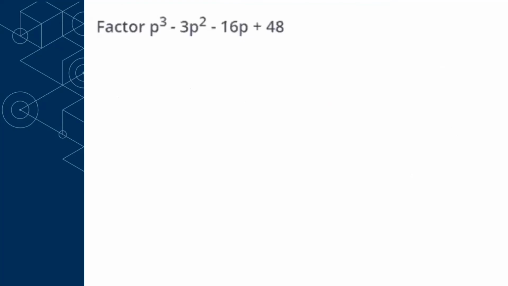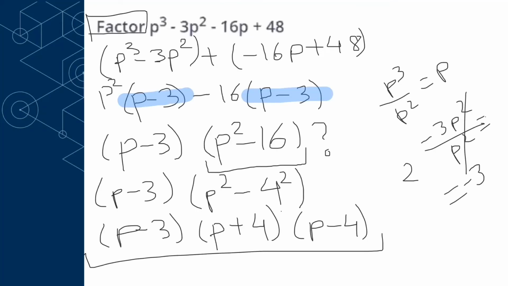For this one, I actually wanted to show you guys that reverse engineering technique. So in this problem, the step where it's going to be most effective is this one.